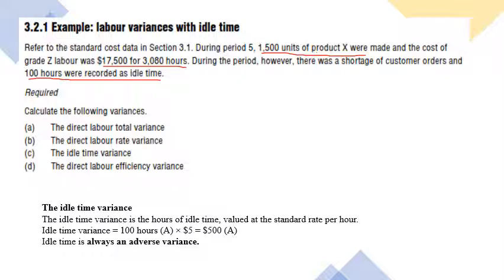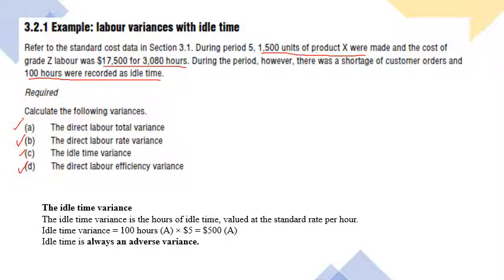So these 1000 hours were considered as idle time. The A part, B part, and D part we already calculated in the previous example. In this part, I'm just going to explain it. What is an idle time variance?